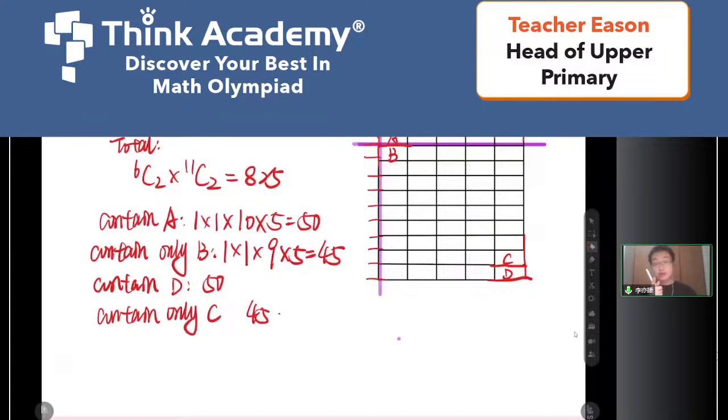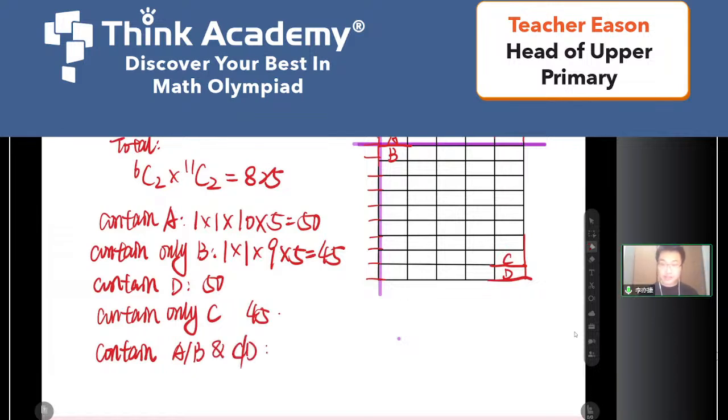But this rectangle can contain both B and C and both A and D, something like that, right? So we should check for those containing both A and D and both B and C.